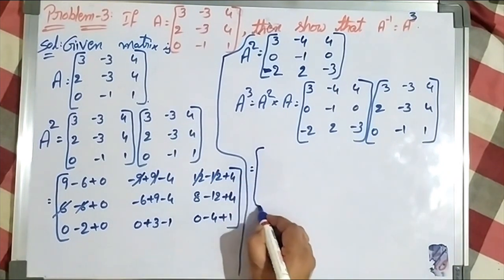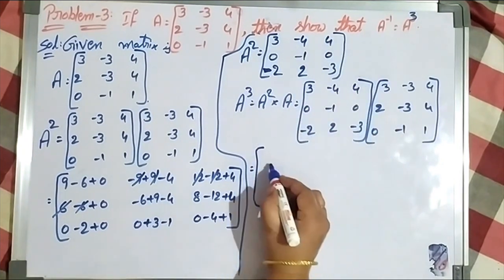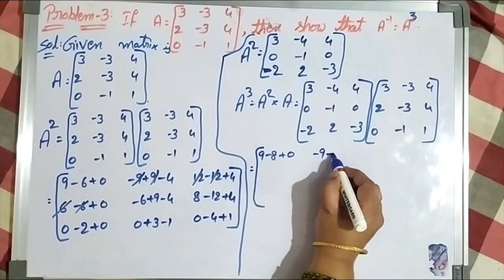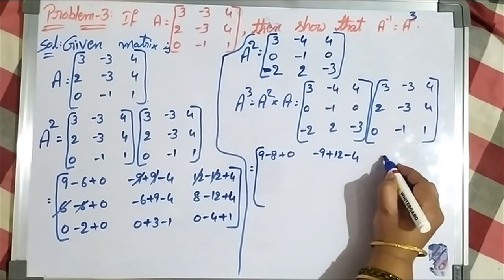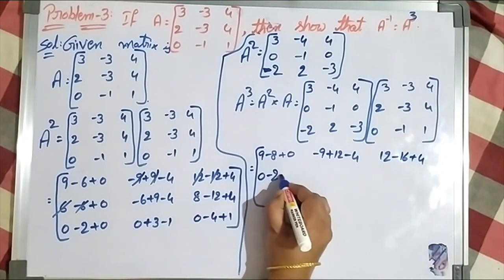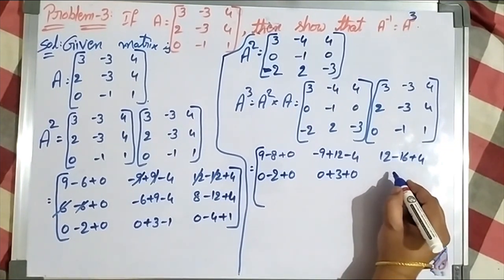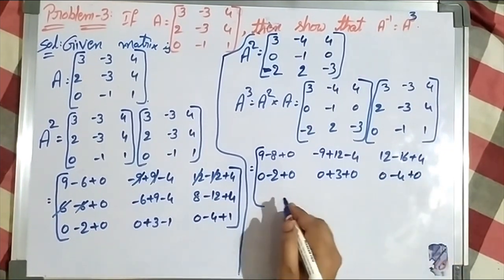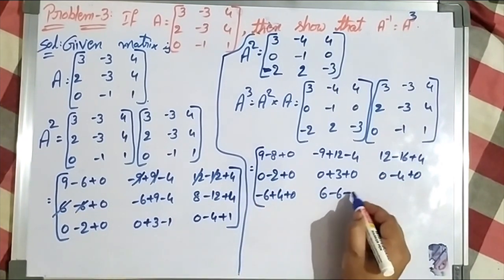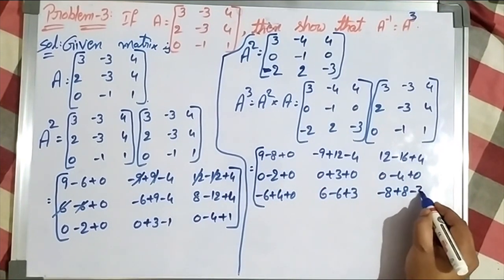The multiplication is: first row, first column, 9 minus 8 plus 0, minus 9 plus 12 minus 4, 12 minus 16 plus 4, 0 minus 2 plus 0, 0 plus 3 plus 0, 0 minus 4 plus 0, minus 6 plus 4 plus 0, 6 minus 6 plus 3, minus 8 plus 8 minus 3.